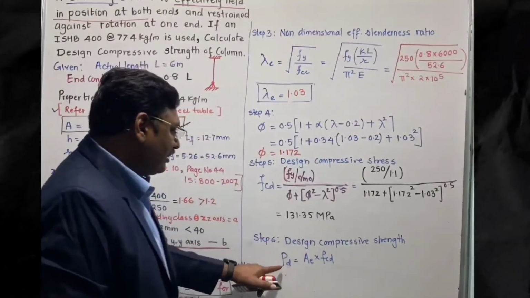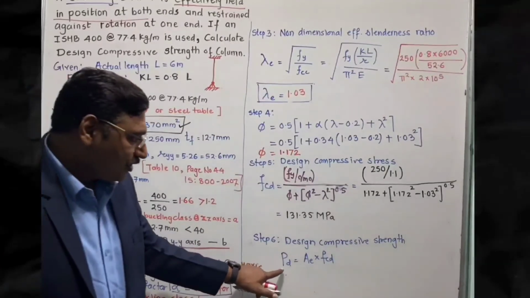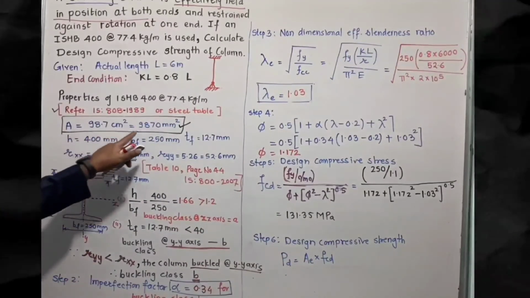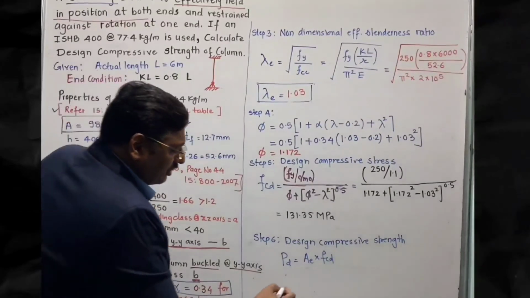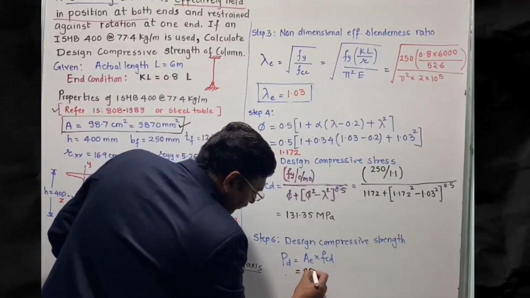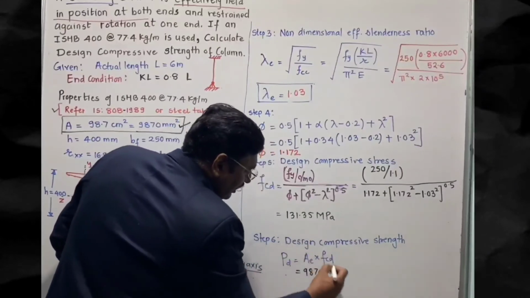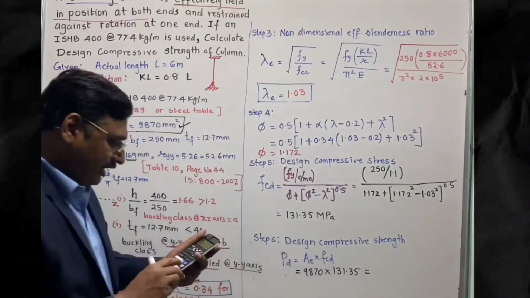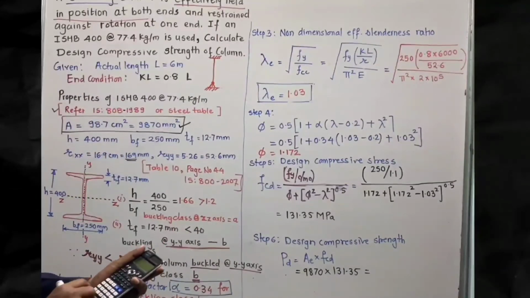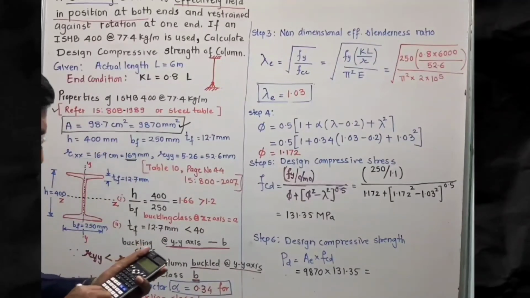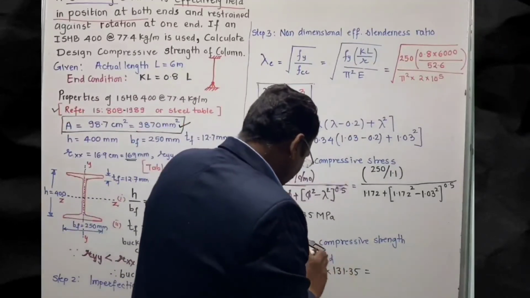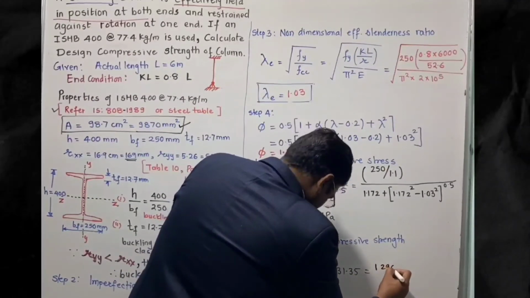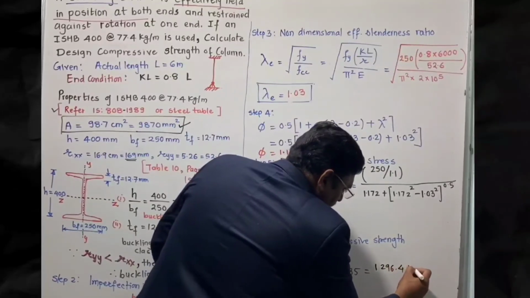Once we get the value of FCD as 131.35 MPa, then we can find out the design compressive strength. Here design compressive strength is the product of area into stress. Area is 9870 mm square. So I put here 9870 into FCD, which is 131.35. Calculating this, you get the answer 1296.4 kilonewton.